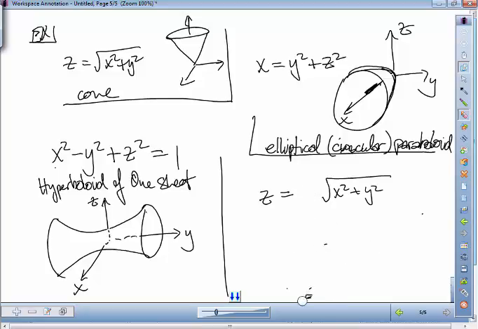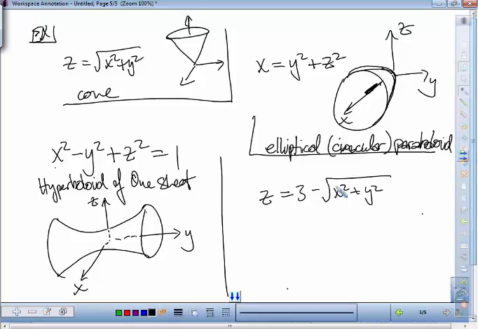We change this equation slightly and say 3 minus that. What do you think is going to happen there? Shift. So it'll go up by 3 units. So my cone would have been shifted up 3 units, upside down.